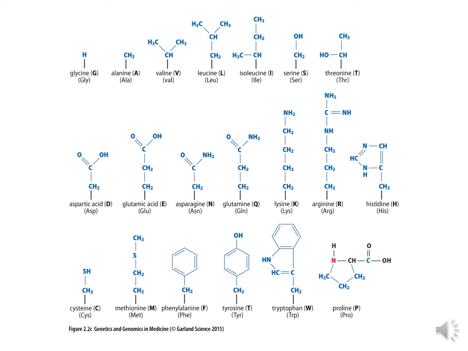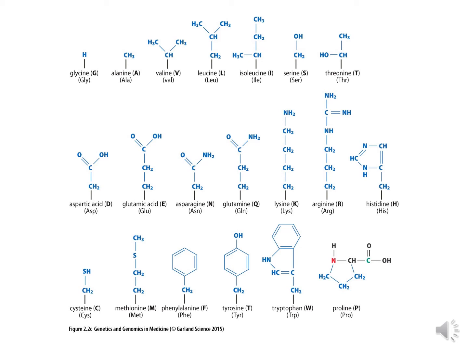Then we have the acidic amino acids, aspartic acid and glutamic acid. These have another carboxyl group, as you see in this particular instance. And another thing to note in this diagram is that we have a spelling out of the name, but we also have two types of abbreviations for the amino acids.